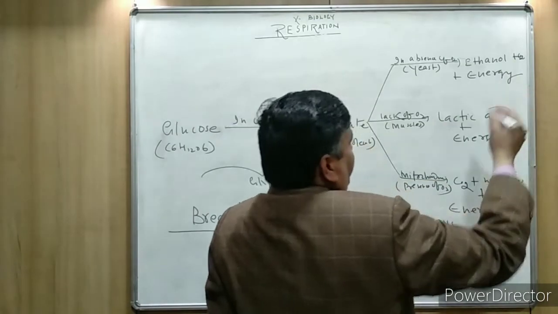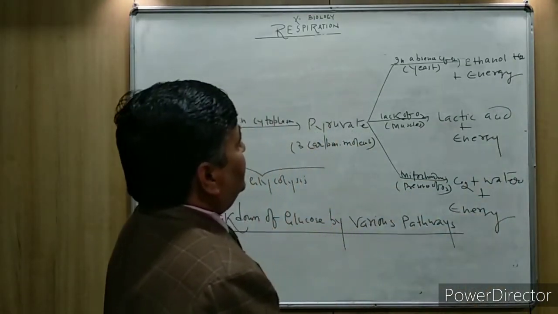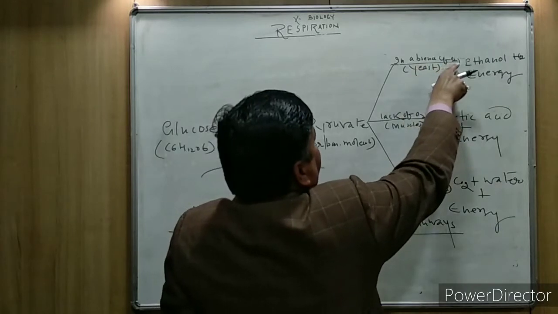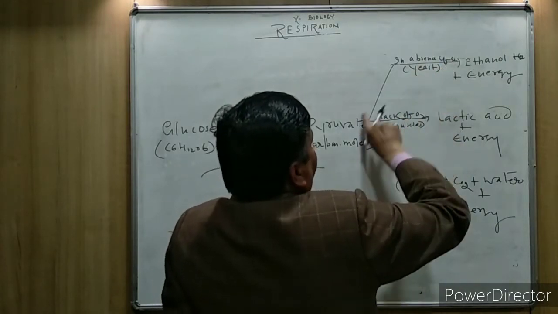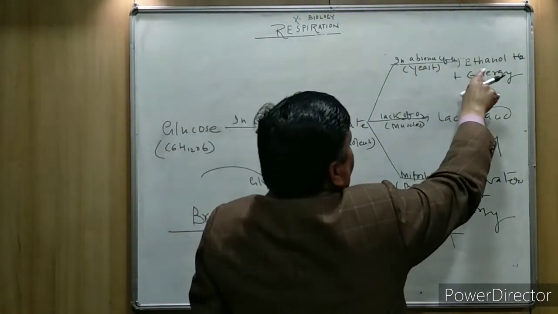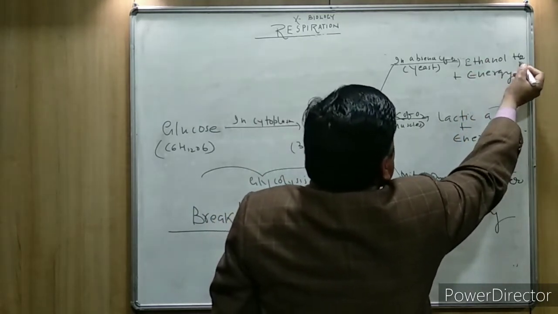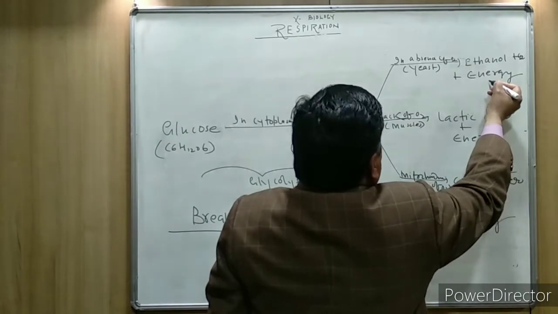Here 2 ATP molecules are produced. In absence of oxygen in yeast cell, the pyruvate is broken down into ethanol, carbon dioxide and energy.